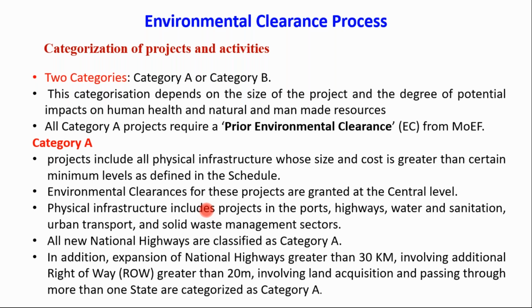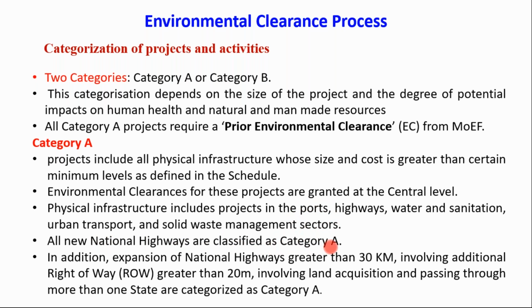Then physical infrastructure includes projects in the ports, highways, water and sanitation, urban transport and solid waste management sectors. So these are the examples of these physical infrastructure and the category A projects which are going to be monitored and scrutinized by the central government agencies only.